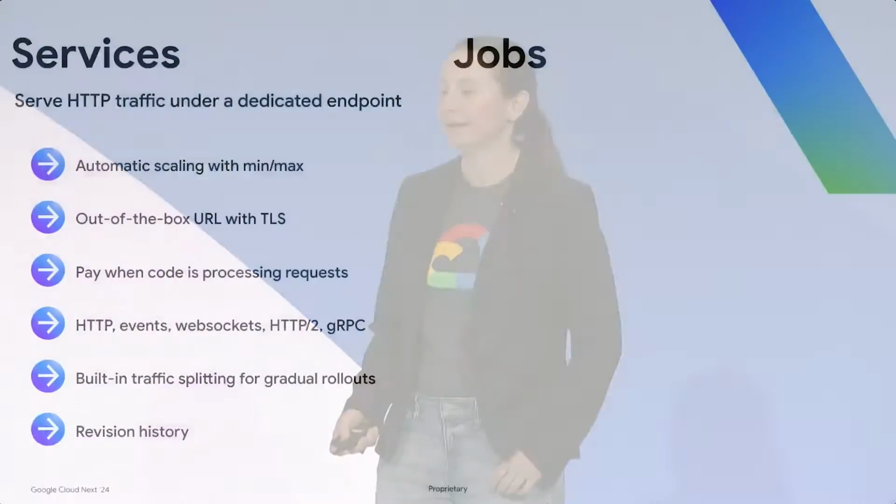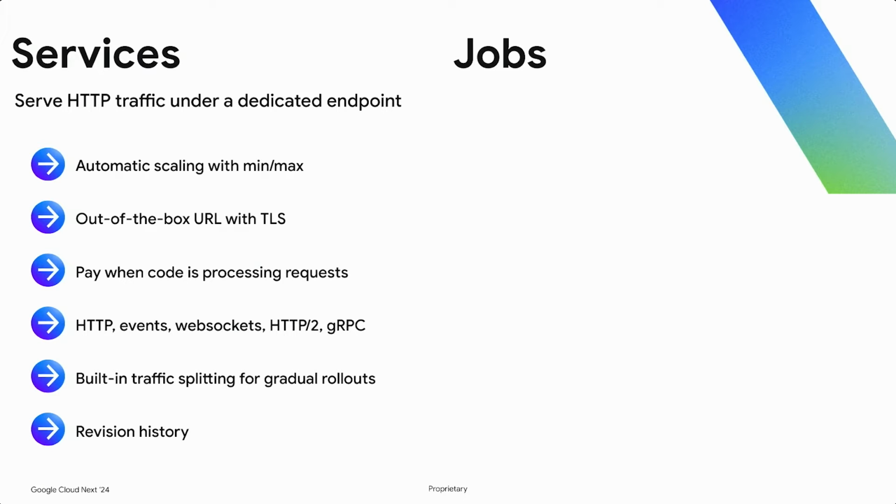A Cloud Run service follows request-driven scaling, and instances are scaled behind a Google-managed load balancer, providing out-of-the-box URLs and TLS termination. A Cloud Run service has multiple trigger sources, like HTTP2, gRPC, events, and WebSockets. And you get traffic splitting and gradual rollouts.